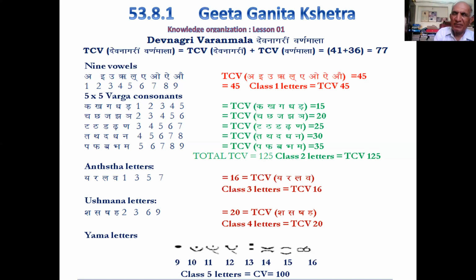Once we glimpse the association of the numbers parallel with the sequential placements of the letters in these organization setups of these Varga consonants, then we will have a proper insight, proper enlightenment about this feature.